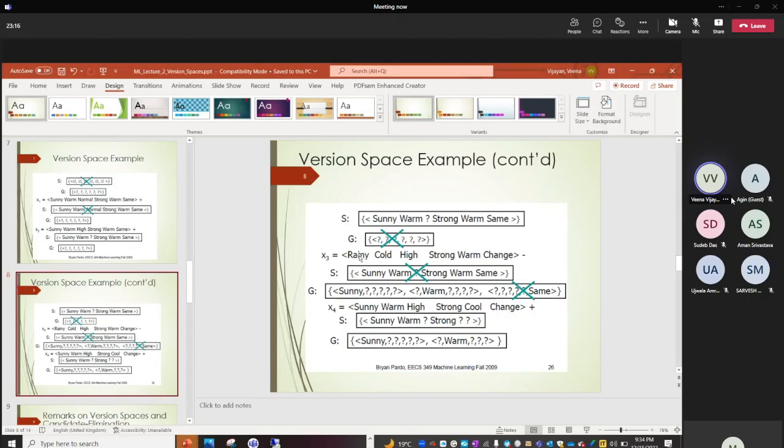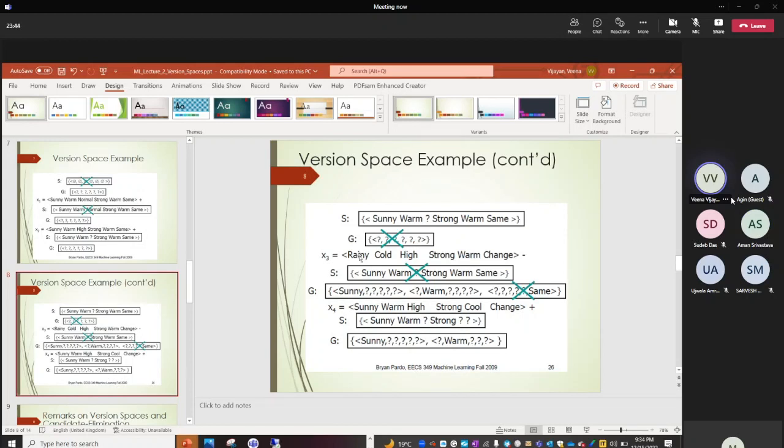So here we are forming multiple sets. The case where rainy and sunny is not matching, we are telling that when it is sunny and rainy, that is a generic hypothesis. Similarly, we compare the next one, warm against cold. Cold is a negative case, warm is a positive case, so we are telling warm and rainy is a generic hypothesis.